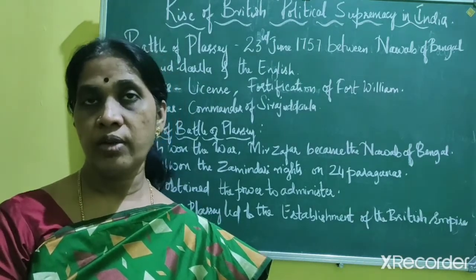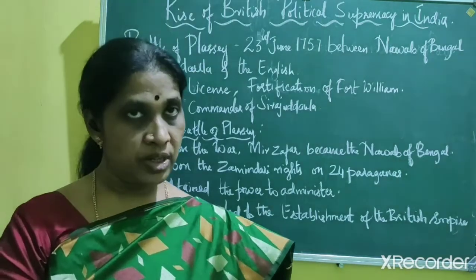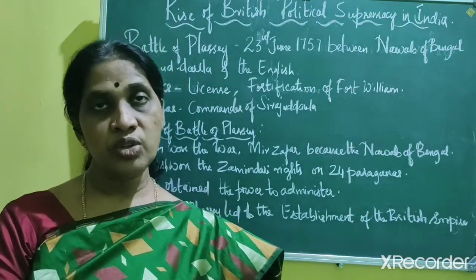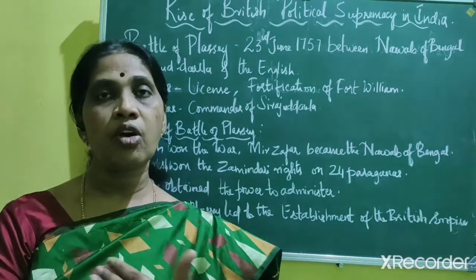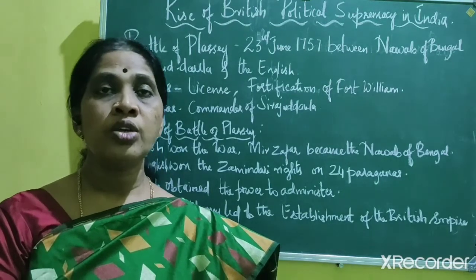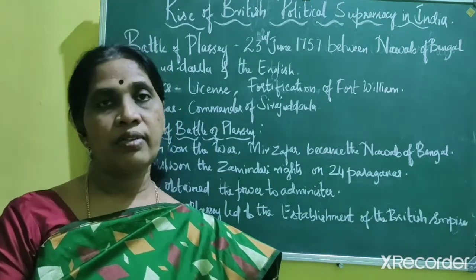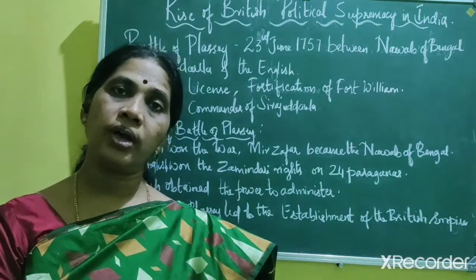He made an agreement that if Mir Zafar helped Robert Clive, the British, he would be given the post of Nawab of Bengal. Encouraged by all these developments, Robert Clive declared war against Sirajuddaulah.